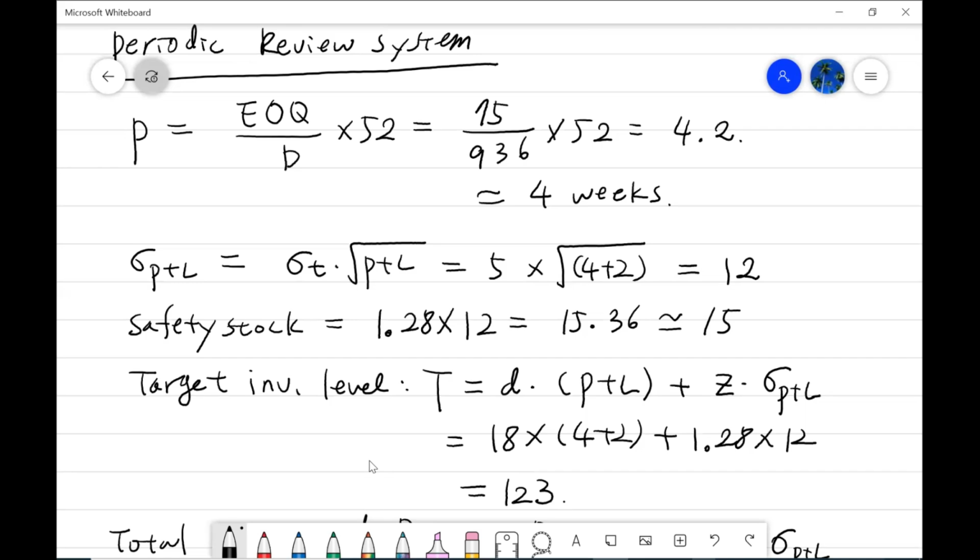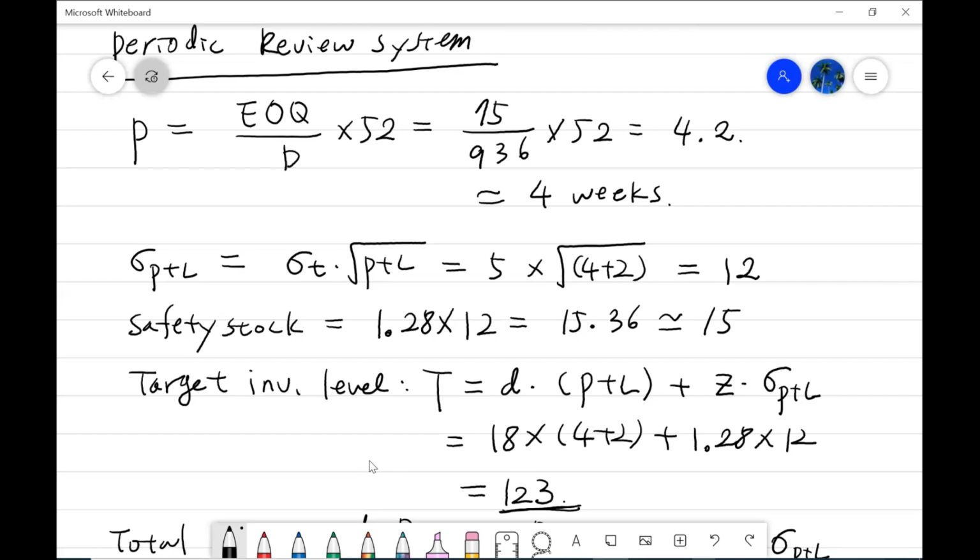No matter how much inventory I have, I just order up to the inventory level of 123 units. That's the target inventory level.